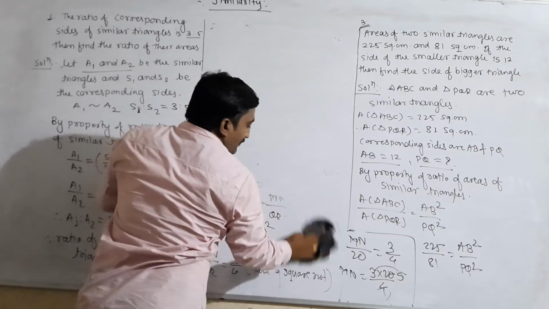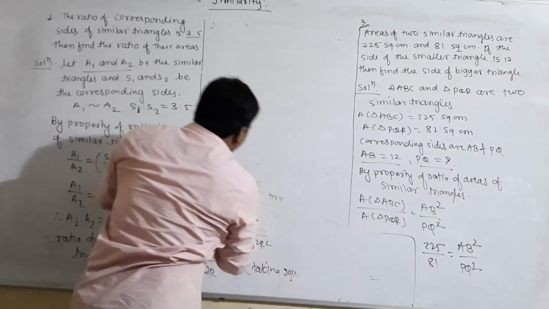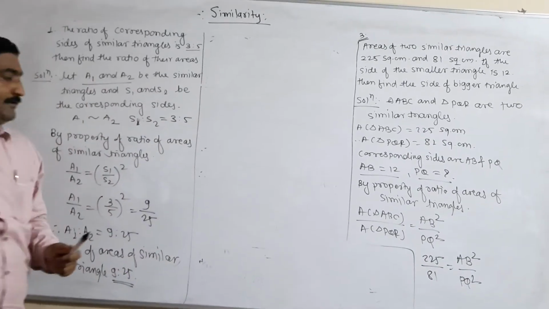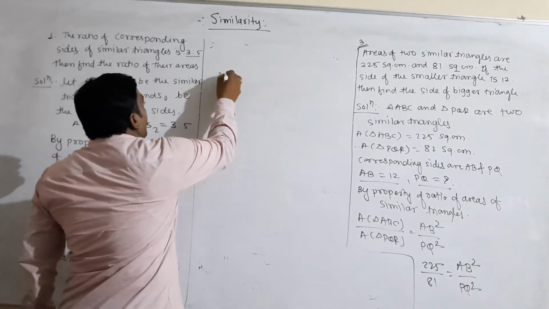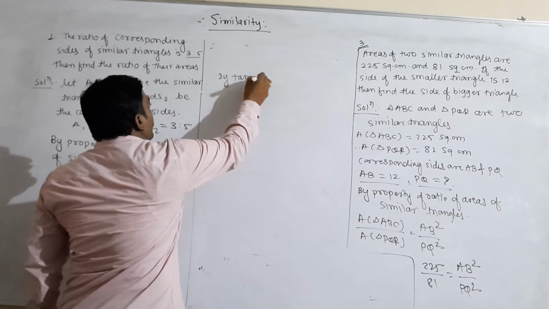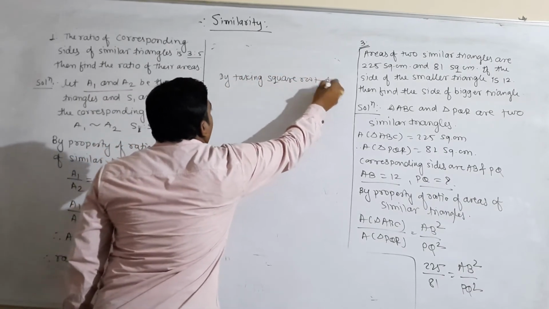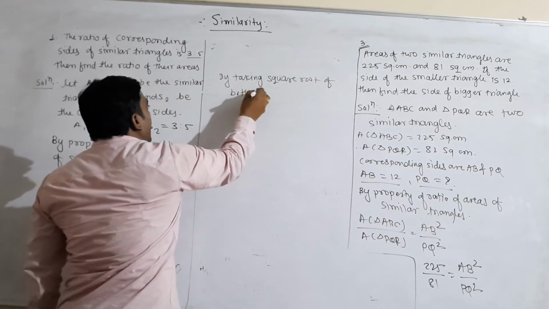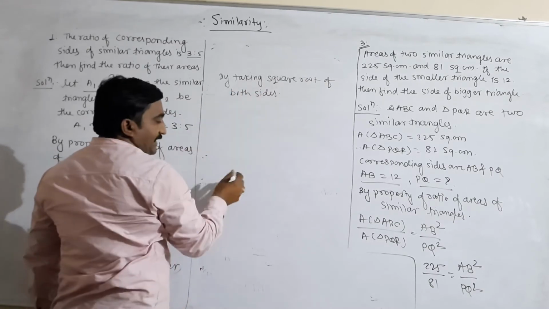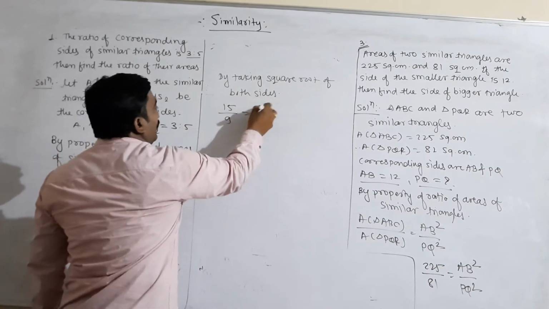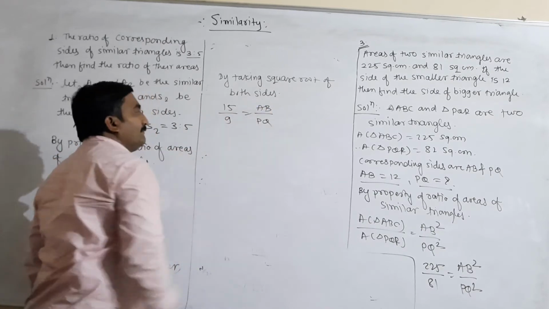Then by taking square root of both sides, the square root of 225 is 15 and of 81 is 9, equal to AB divided by PQ.